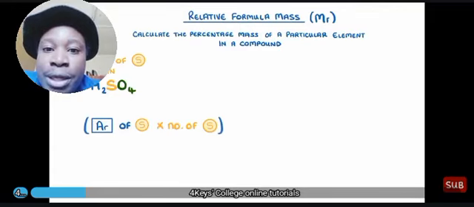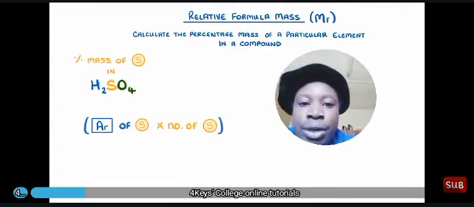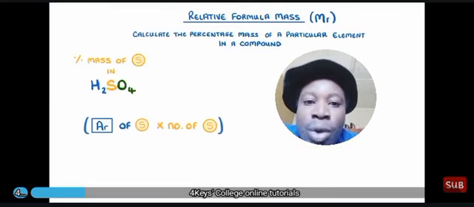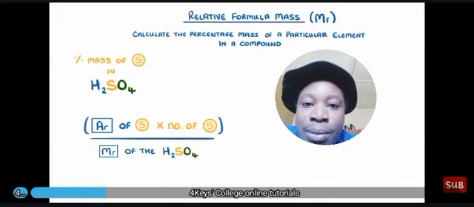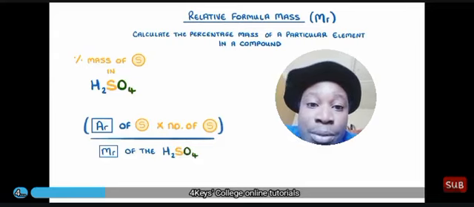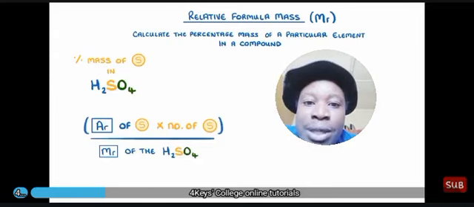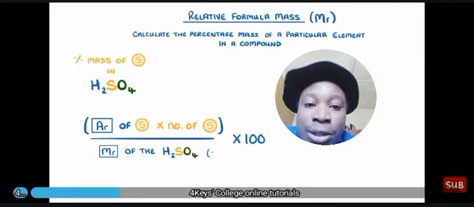If you look at the formula there, you realize that we have only one sulfur atom in that formula. Therefore, we're going to say the AR of sulfur times 1, which is the number of sulfur atoms in the formula. And then we divide by the relative molecular mass of the whole compound. So let's do that, and then we multiply by 100 in order for us to get the percentage composition.